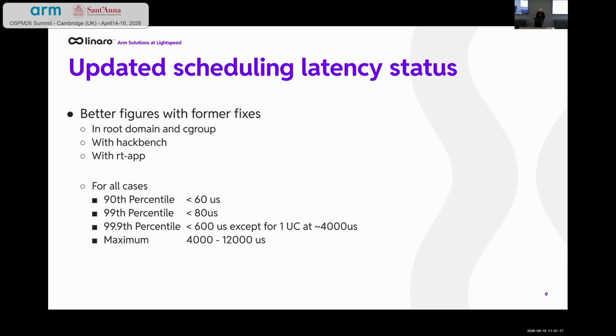So we have a bit of a picture now with hackbench and with RTApp, with or without cgroup. Surprisingly, hackbench will trigger some corner cases, but using RTApp with some tasks that wake up and sleep regularly, if you have more than one, also triggers some other interesting use cases and corner cases.